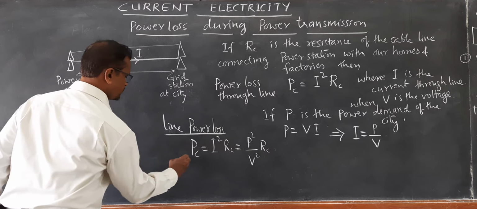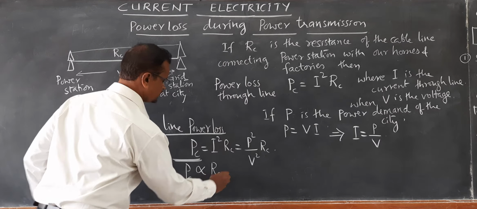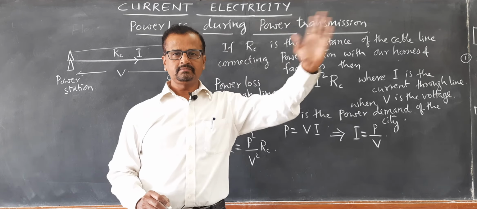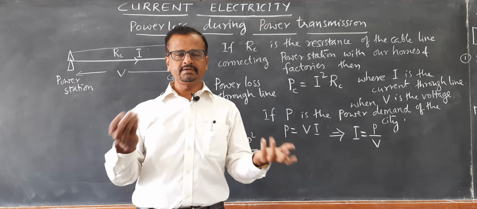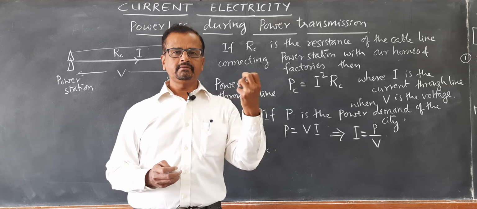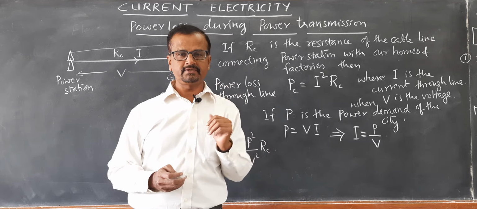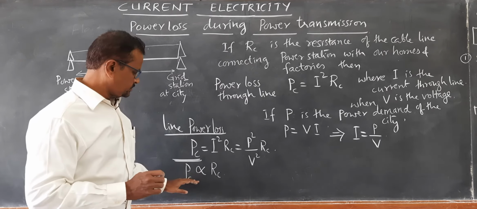You see, power loss PC is directly proportional to the resistance of the cable. The longer the length of the cable, the more the distance of the station from the city, definitely we need a longer length of cable, maybe of several hundreds of kilometers. So this RC is the resistance of the cable, right?